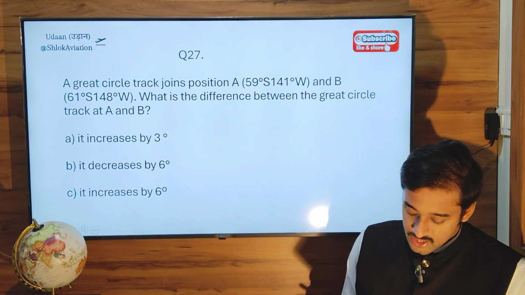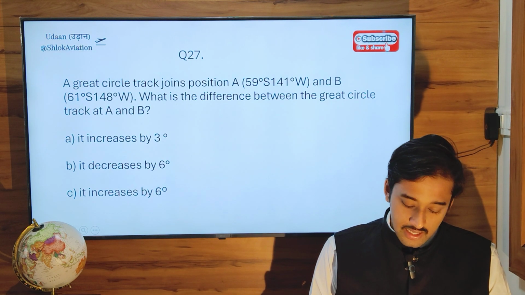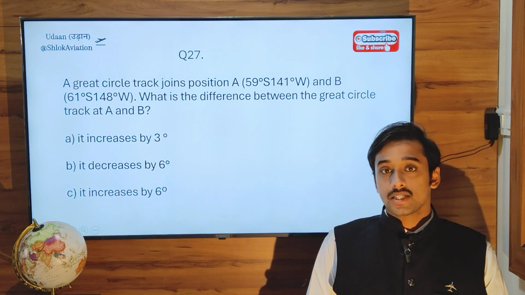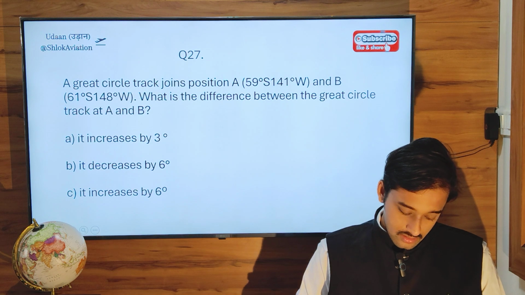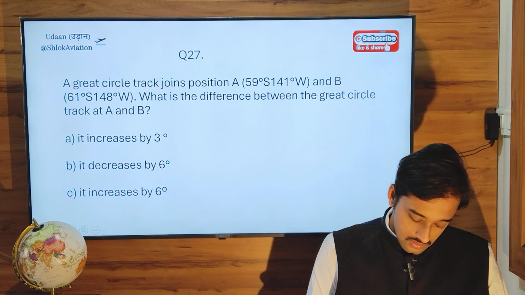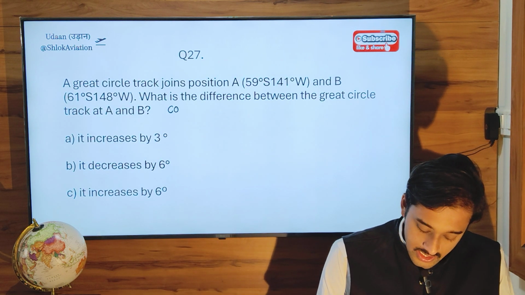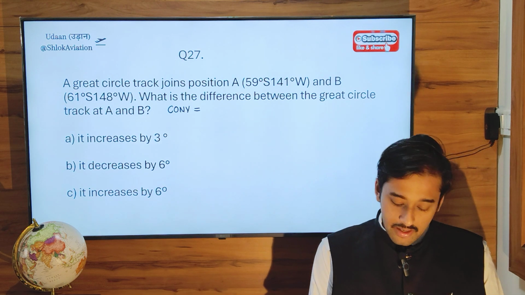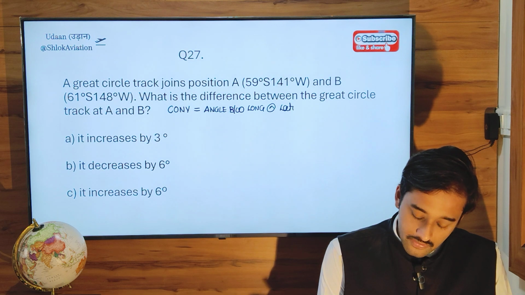Let's go to the next question, question 27. A great circle track joins A and B. What's the difference between great circle track at A and great circle track at B? So the difference is convergency. Now, the definition of convergency is the angle between two meridians at a particular longitude, a particular latitude.